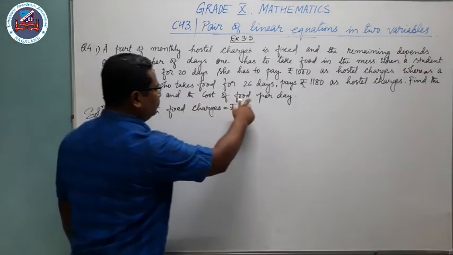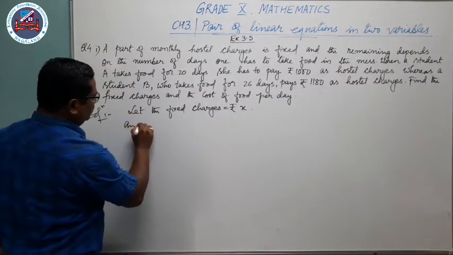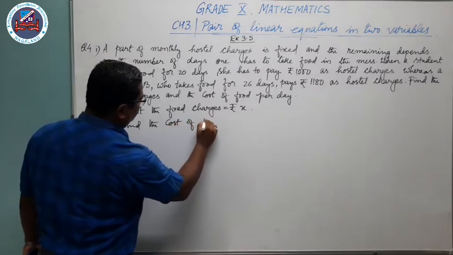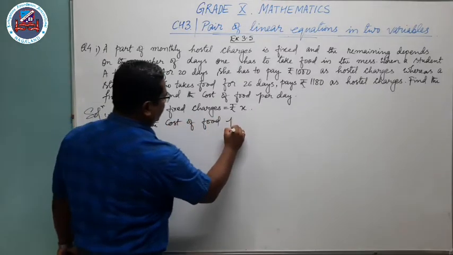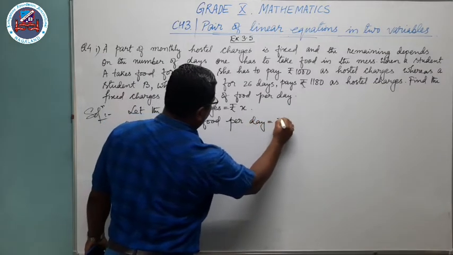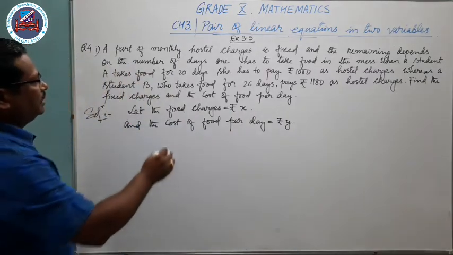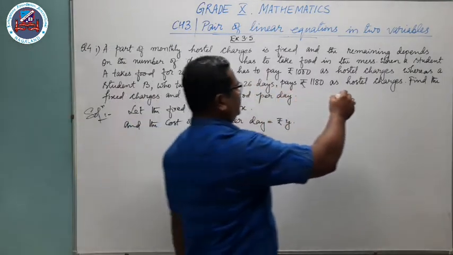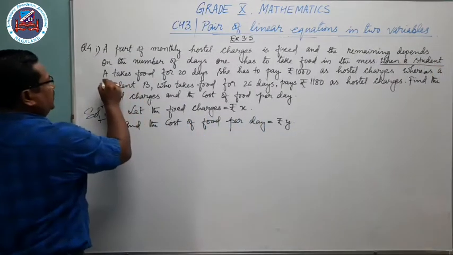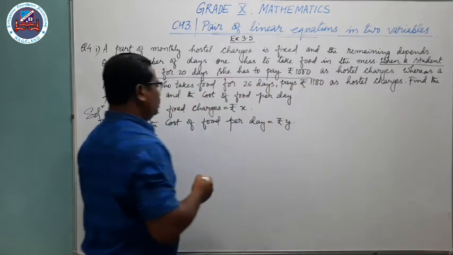And the cost of food per day, in one day, suppose it is rupees y. Then by looking at this first statement, when a student A takes food for 20 days, she has to pay rupees 1000.